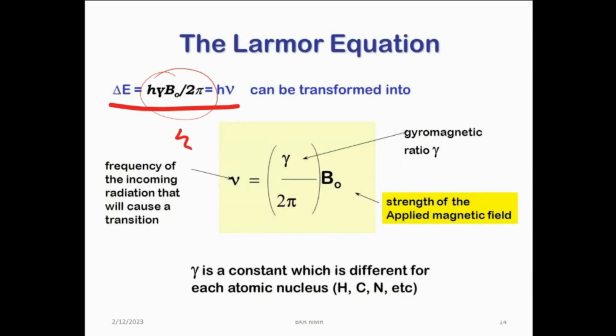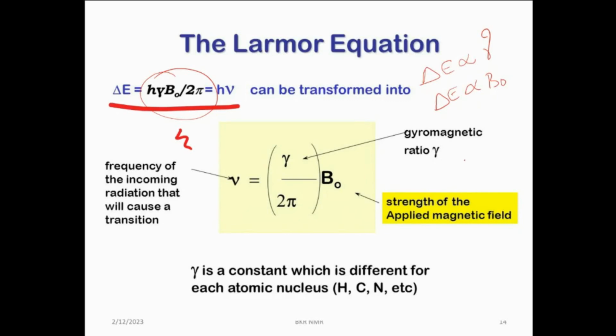So you can see that the difference in energy is proportional to gamma and proportional to B0. h is Planck's constant, and 2 pi is constant.